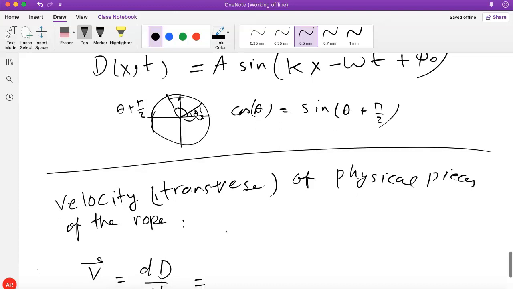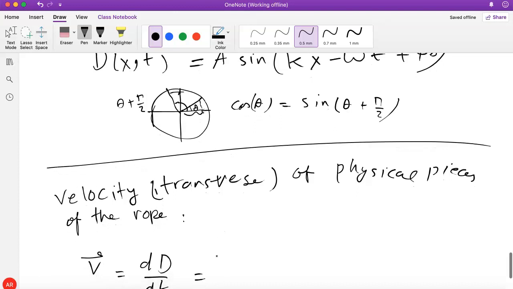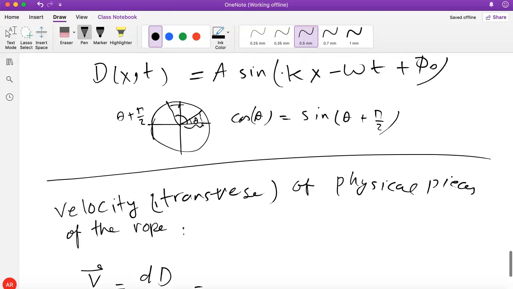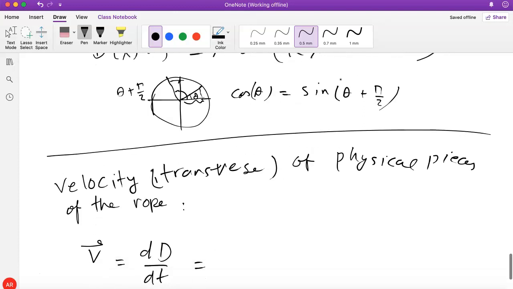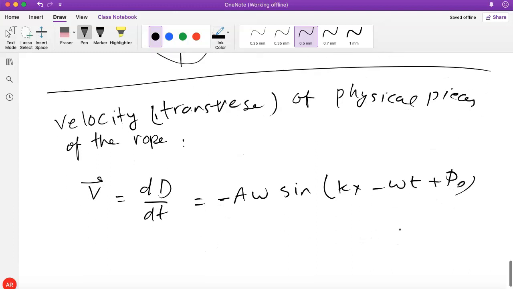So the derivative of sine is cosine, the derivative of that whole thing with respect to t is just minus omega, so we're going to get minus A omega sine(kx minus omega t plus phi naught).